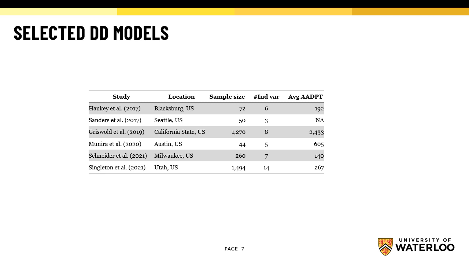We investigated approximately 20 to 25 direct demand models, and we ended up with the selection of these six models, basically because they comprise a range of different sample sizes for calibration. So we have models that use 1.5K sites for calibration, but we also have models that use 44 sites.